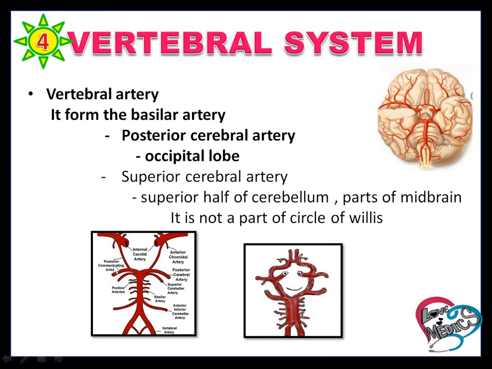It gives the branch of posterior cerebral artery and superior cerebellar artery. The posterior cerebral artery gives the blood supply to occipital lobe, and superior cerebellar artery gives the blood supply to cerebellum and part of the midbrain. But superior cerebellar artery is not a part of circle of Willis. Posterior cerebral artery is the part of circle of Willis.